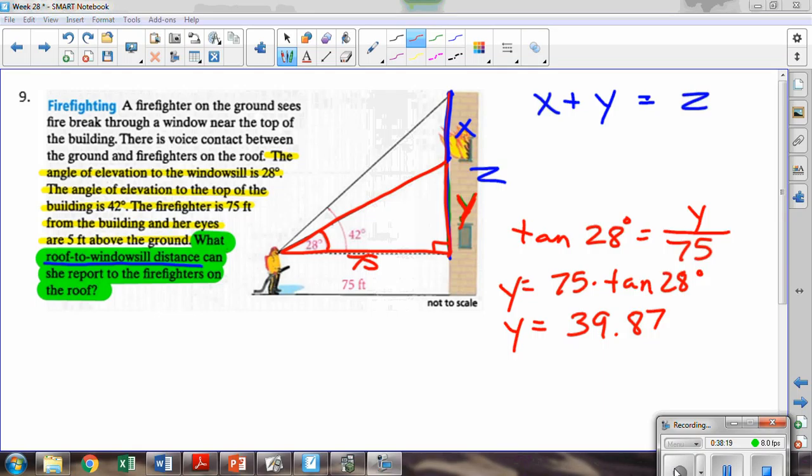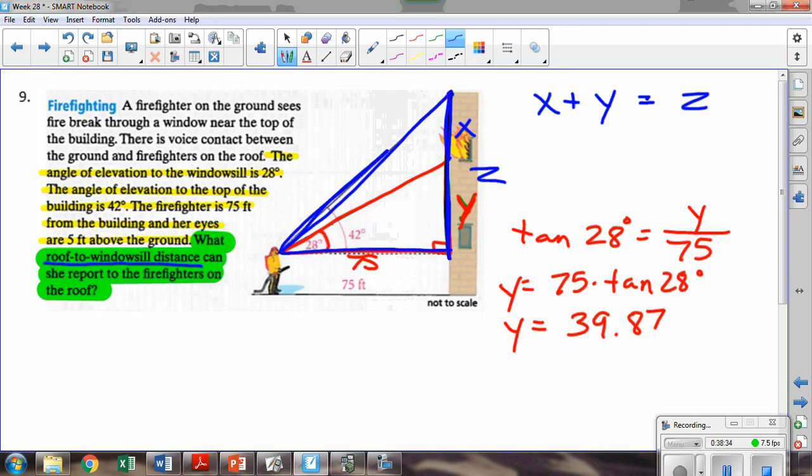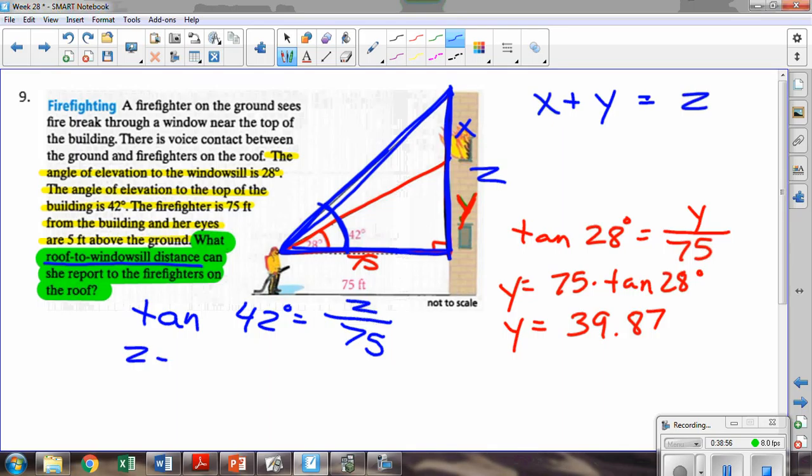We can build on this further by determining the length of Z. This whole piece could come together. And note that in the blue, we have another right triangle where we have a 42-degree angle, a side length of Z, and a side length of 75. So virtually identically, we'd have the tangent of 42 degrees equals opposite over adjacent, telling us Z is equal to 75 multiplied by the tangent of 42.